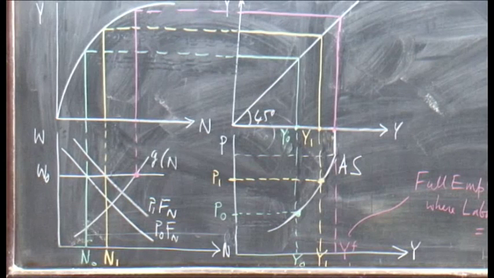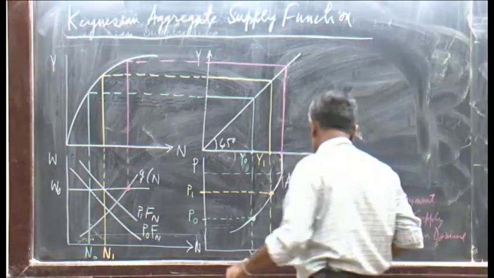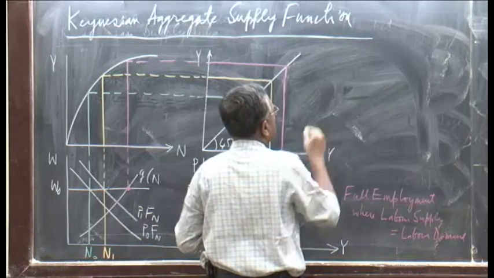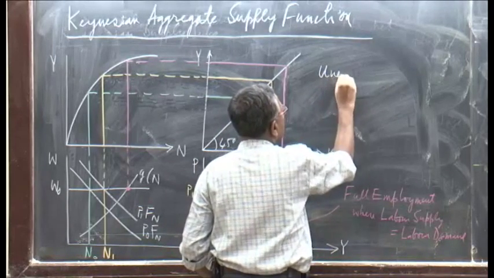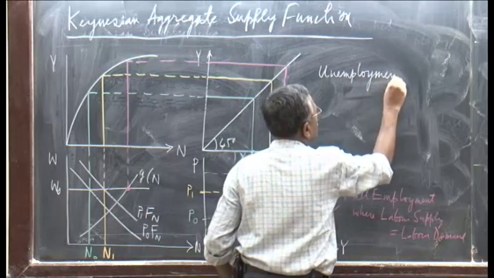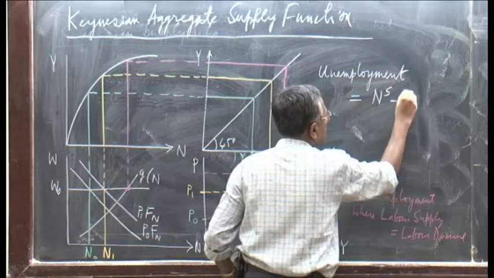All right. Next point to note is the unemployment in this model is equal to NS minus ND.